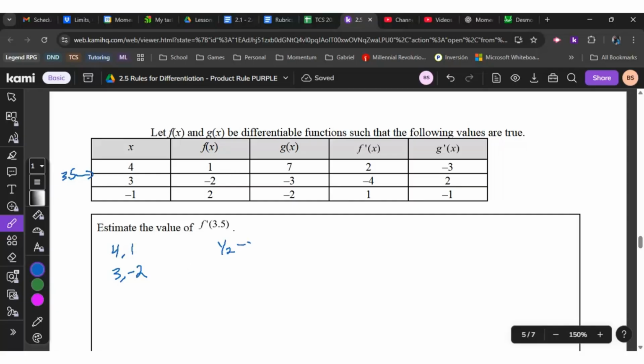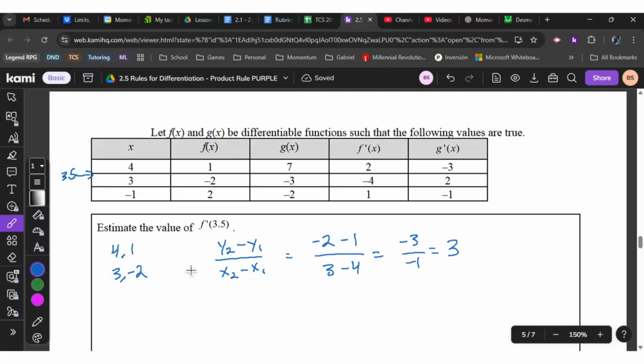So that's going to be y2 minus y1, just like Mara's just said, over x2 minus x1. Okay? So we plug that in, negative 2 minus 1 over 3 minus 4, and we get negative 3 over negative 1, which is really what? If we simplify those negatives, what is that? Yeah, right? The negatives cancel, and then dividing by 1, why bother?